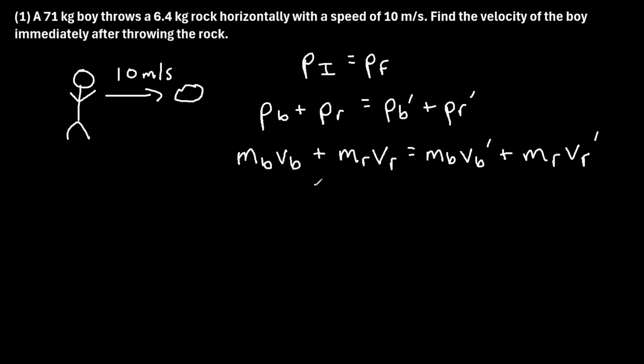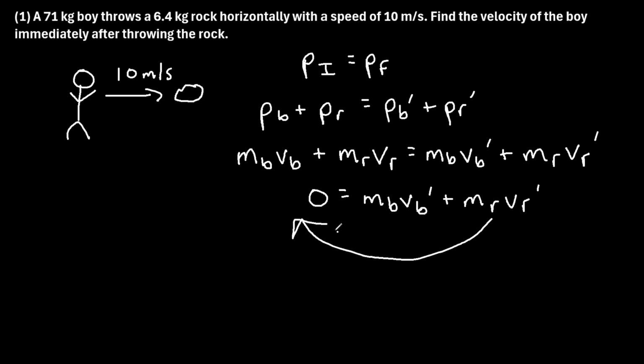Now, in this situation, the boy and the rock both start from rest. So both of these initial velocities are 0, and this whole left-hand side is equal to 0. So what we end up with is 0 is equal to this quantity on the right-hand side. What we're trying to solve for is the final velocity of the boy, so this value right here. So let's go ahead and solve for that. We can start by moving this quantity to the left-hand side.